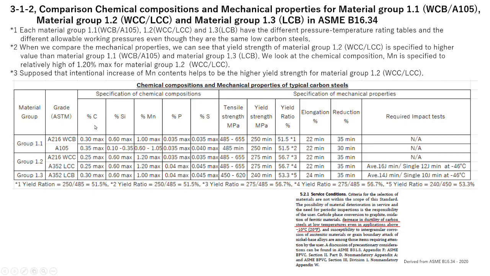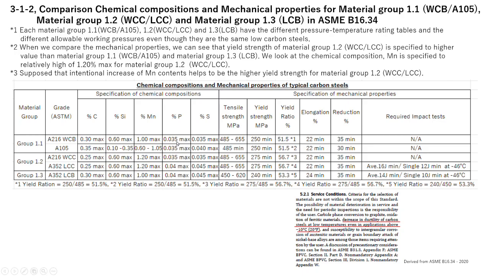The chemical composition includes carbon content, silicon, manganese, phosphorus, and sulfur. Phosphorus and sulfur are impurity elements, so their values should be as small as possible.